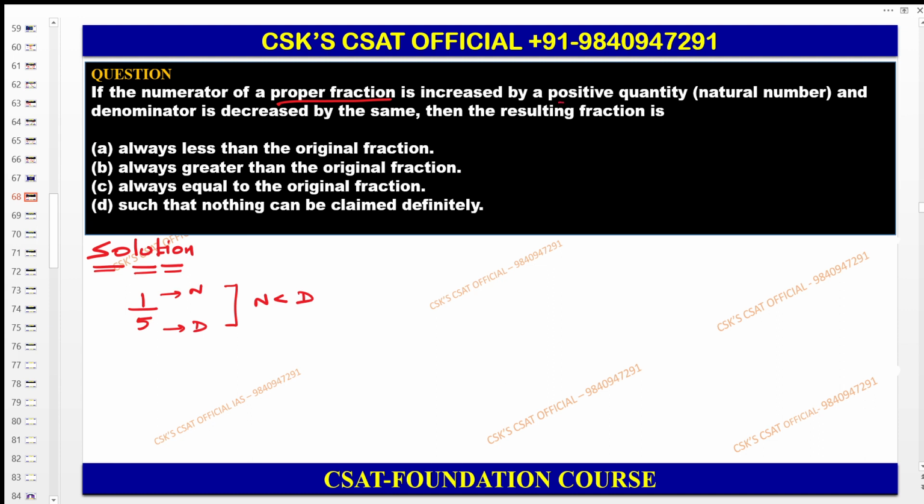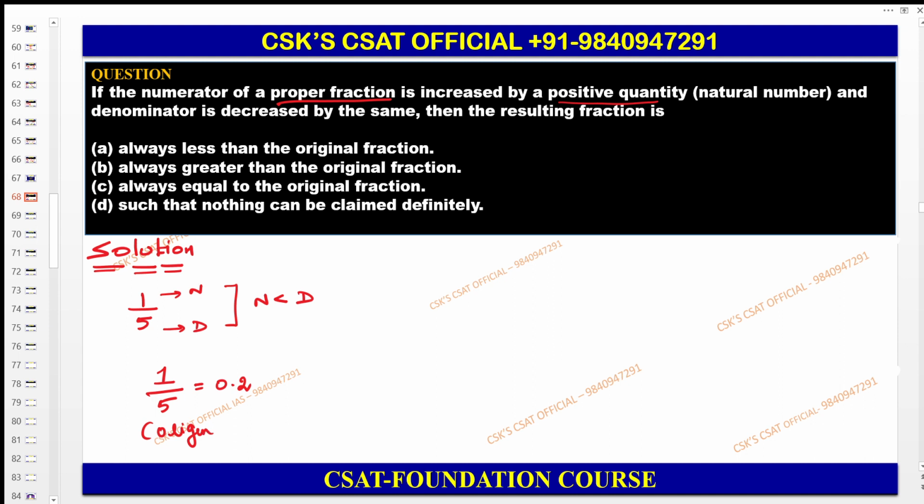The numerator is increased by a positive quantity. You can use anything. Before that, just tell me what is 1 by 5. 1 by 5 is nothing but 0.2. Remember this is the original.